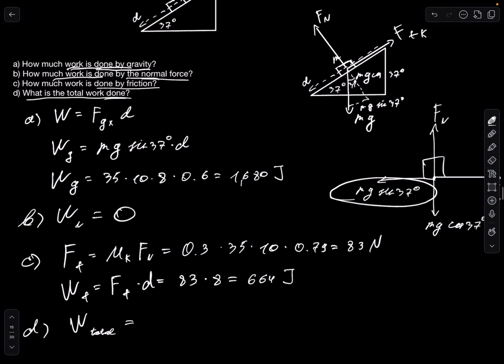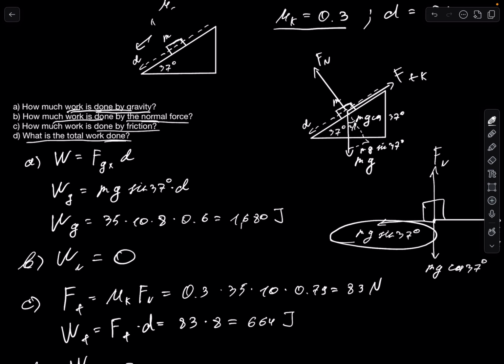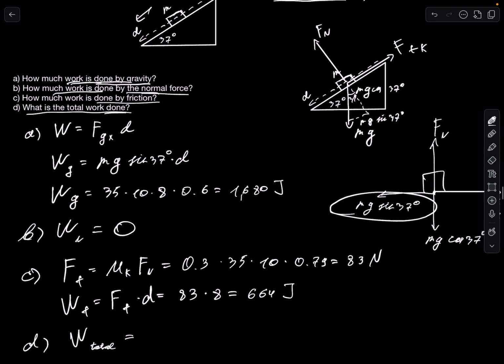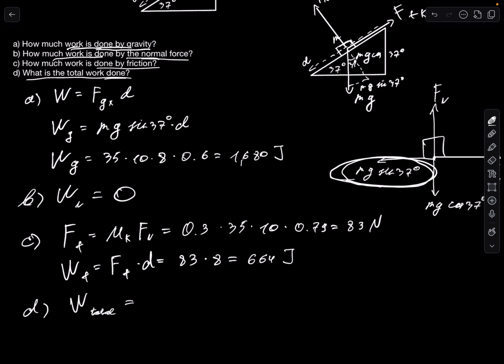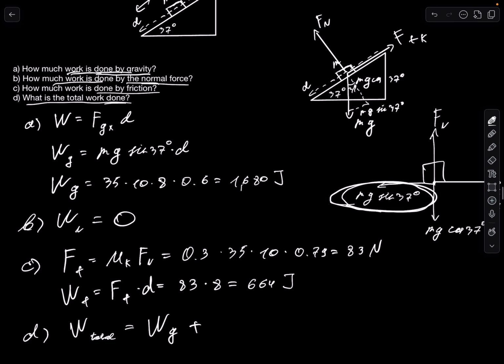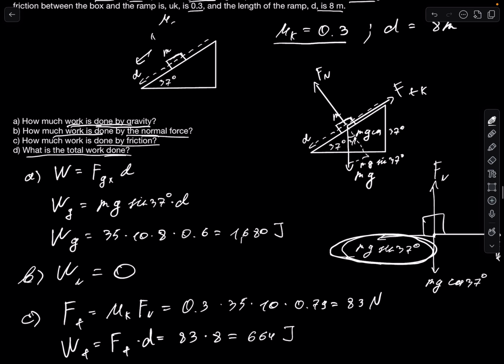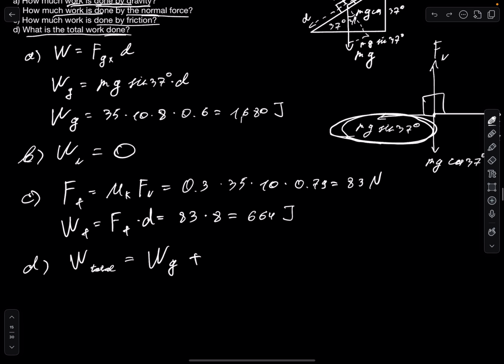The object clearly slides down leftward, and the main reason why that is happening is because of the x component of the force of gravity. So Wg plus, are there any forces acting against this motion? Of course, the force of friction. So we're going to say plus negative work done by friction. Now from here it's just simple math.